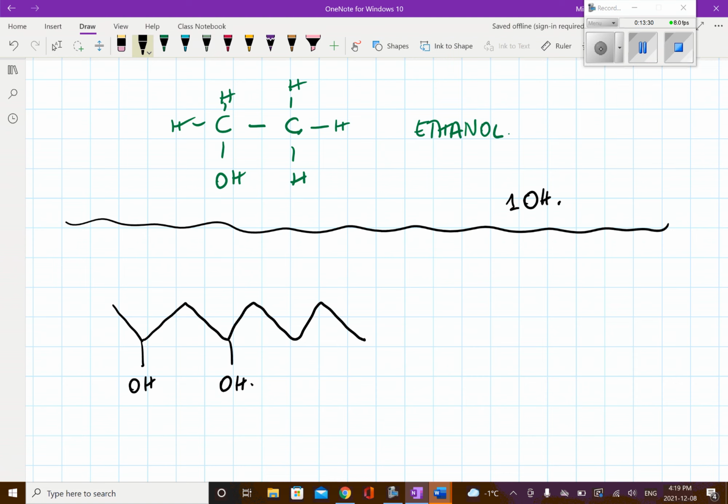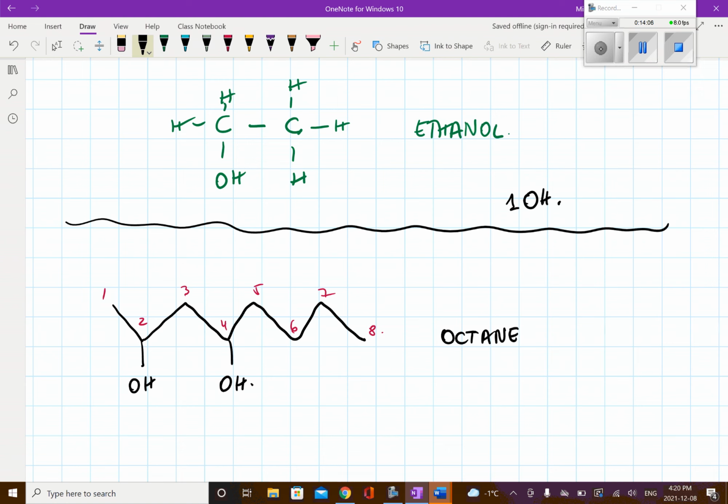Now let's start by labeling the carbons. We follow the same rule, that the branches are at the closest number, so it will be 1, 2, 3, 4, 5, 6, 7, 8. The rule when we have only one hydroxyl is to drop the E. In this case, we will not drop the E, so it will be octane.